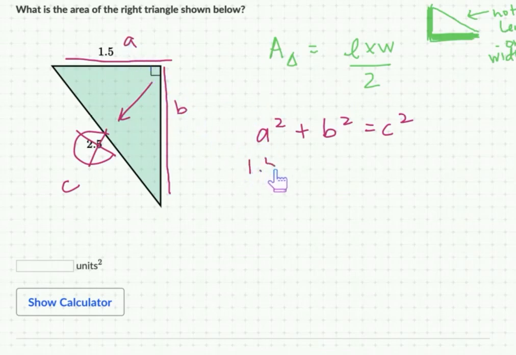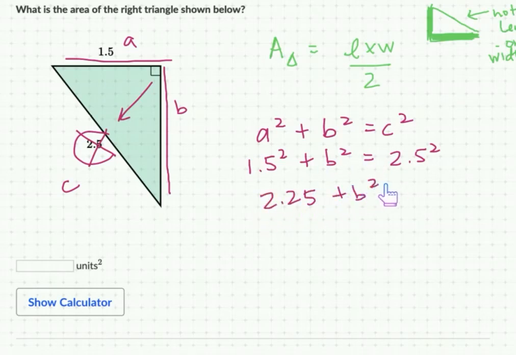A is 1.5 squared, plus we don't know what the b is. C is 2.5 squared. So in my calculator, I'm going to look for 1.5 times 1.5, which is 2.25, plus b squared, equal to 2.5 times 2.5, that's 6.25.